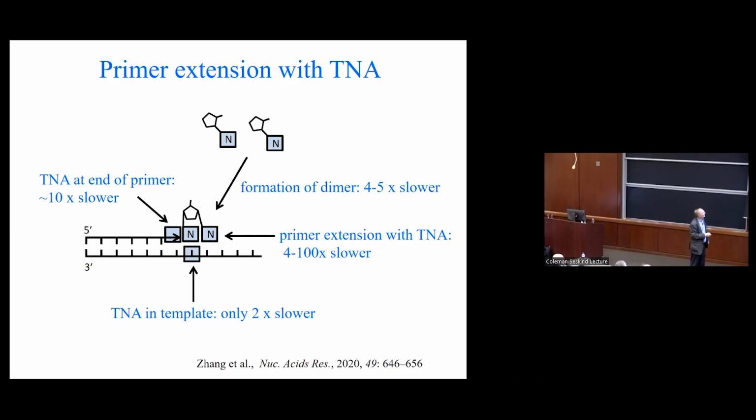Like 4 or 5 times slower. Then when it is bound to the template, what about the primary extension reaction? That's also slower. Okay. What happens if one gets incorporated and you try to extend beyond that? That's also slower.